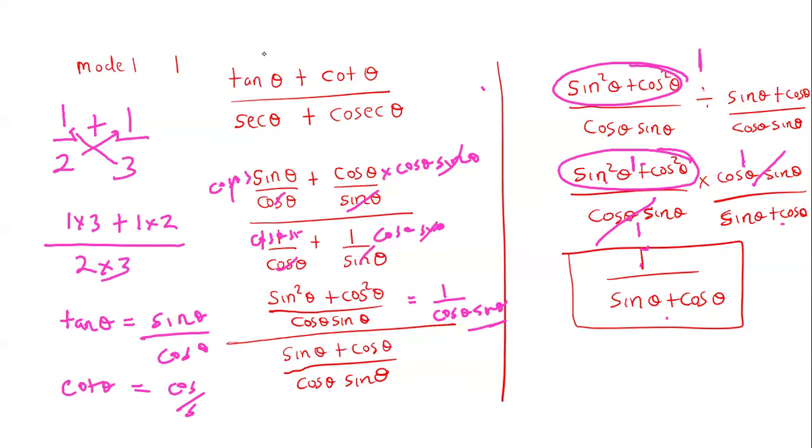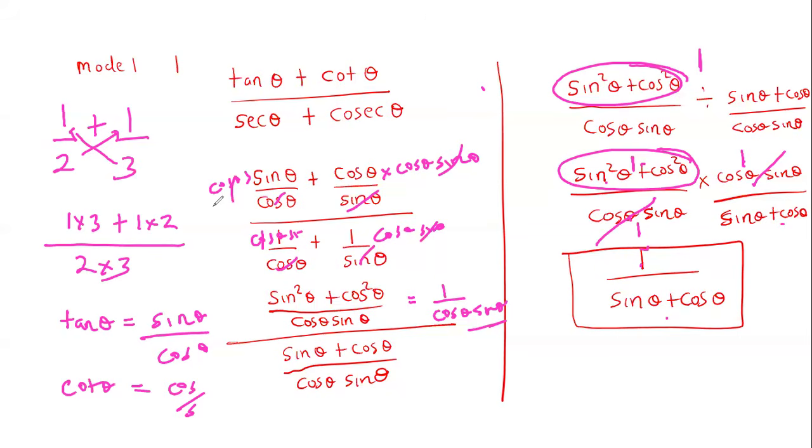Teacher, at our second step where we have sine theta over cos theta plus cos theta over sine theta, since we have 1, when we equate, we get 1 over sine theta plus cos theta. Why didn't we cancel out sine theta and sine theta, cos theta and cos theta?